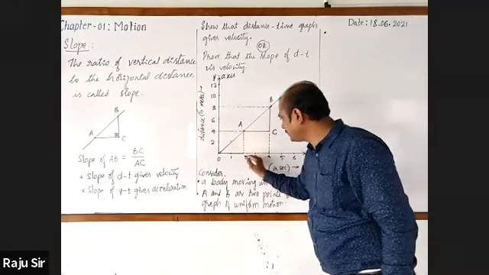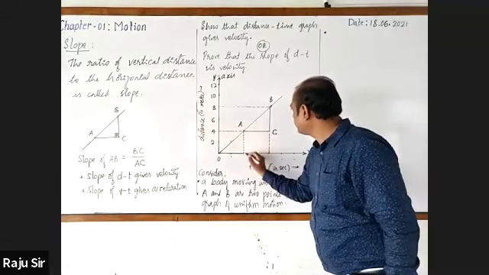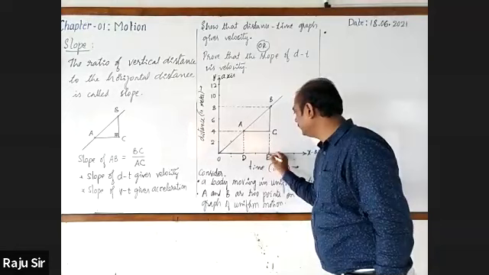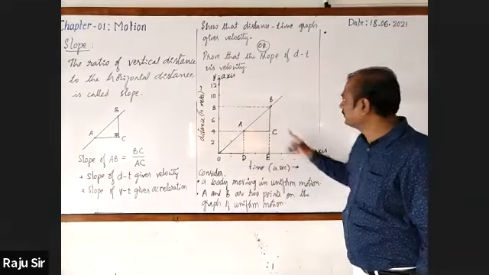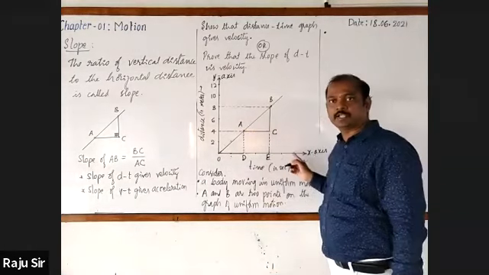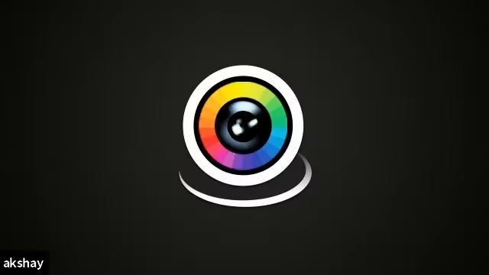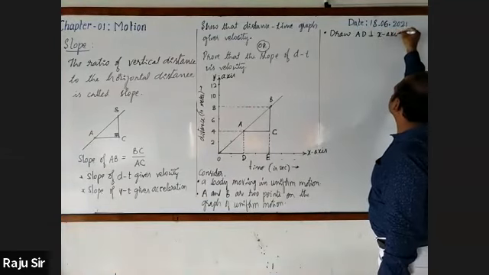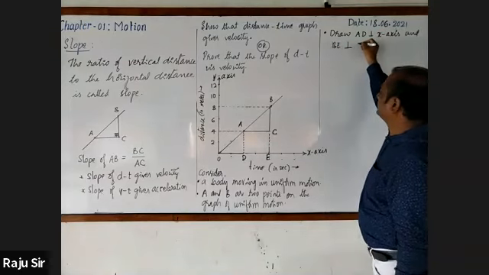I'll take this point as D, this point as B, and this is E. Now we can write: draw AD perpendicular to x-axis and BE perpendicular to x-axis. Understood? Yes, sir. Okay, right.